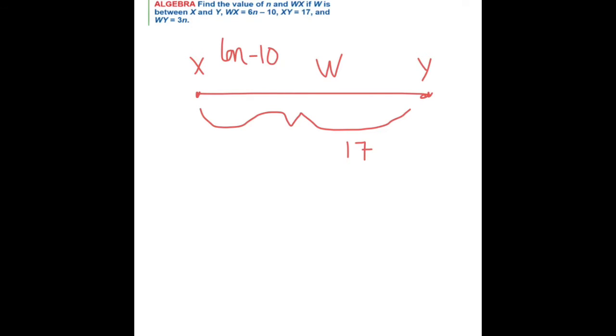And I know that wy equals 3n. So because w is between x and y and they are collinear, I can say that 6n minus 10 plus 3n must equal 17.